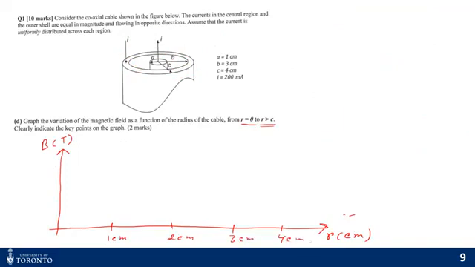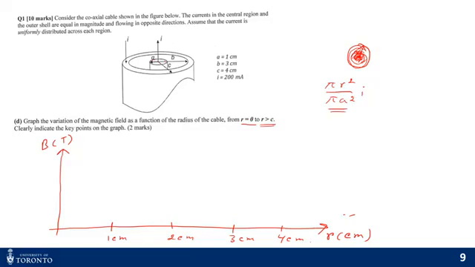You see from 0 to 1 centimeter means you're coming from the center, and then you are encompassing a portion of the internal conductor. Let's say this is my internal conductor and my radius is a. As I increase my radius, I am encompassing more area of the current, a current proportional to the total area.